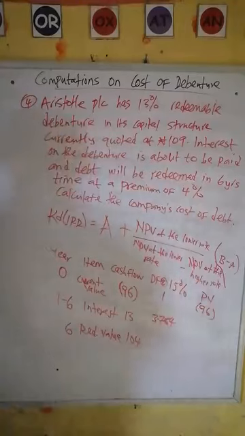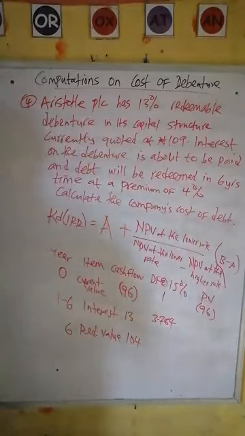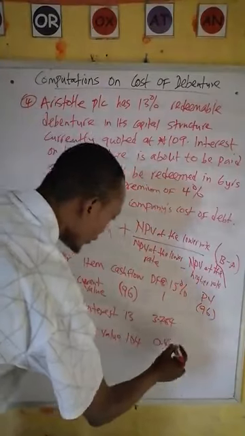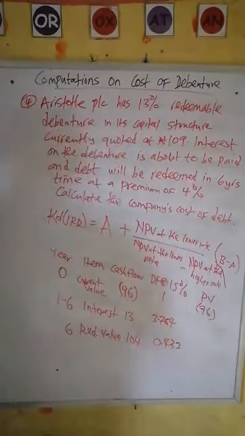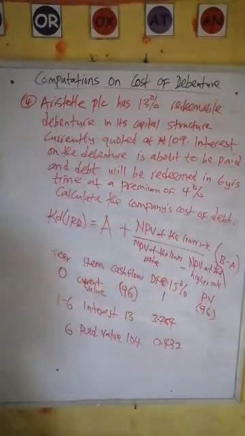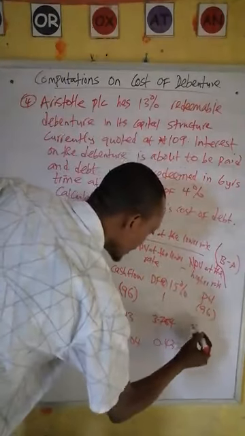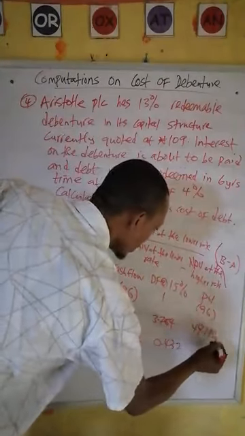3.784. At 6%, it will give us 0.432. So let's quickly multiply it. 13 multiplied by 3.784, we have 49.192.